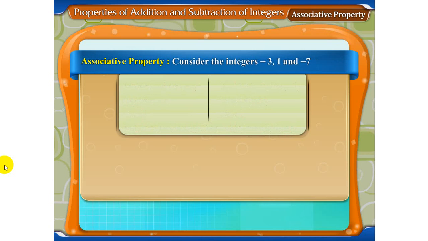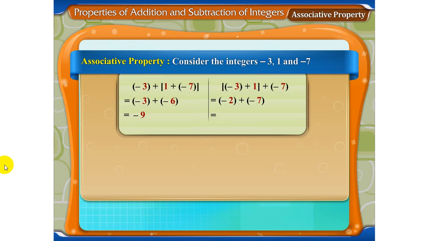Similarly, consider -3, 1 and -7. -3 plus (1 plus -7) and (-3 plus 1) plus -7. -3 plus (1 plus -7) is equal to -3 plus -6, which is equal to -9. And (-3 plus 1) plus -7 is equal to -2 plus -7, which is equal to -9.